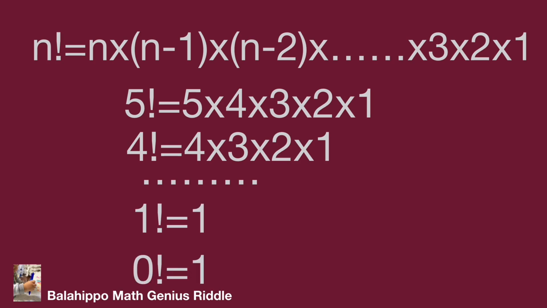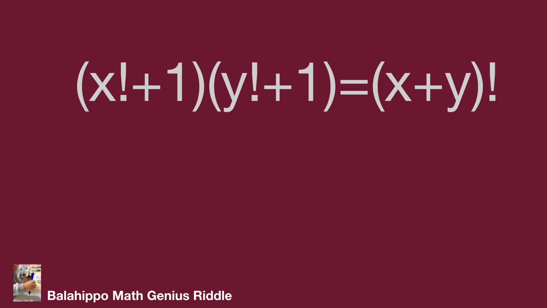Our question: (x factorial plus 1) multiplies (y factorial plus 1) equals (x plus y) factorial. Review the item (x plus y) factorial.